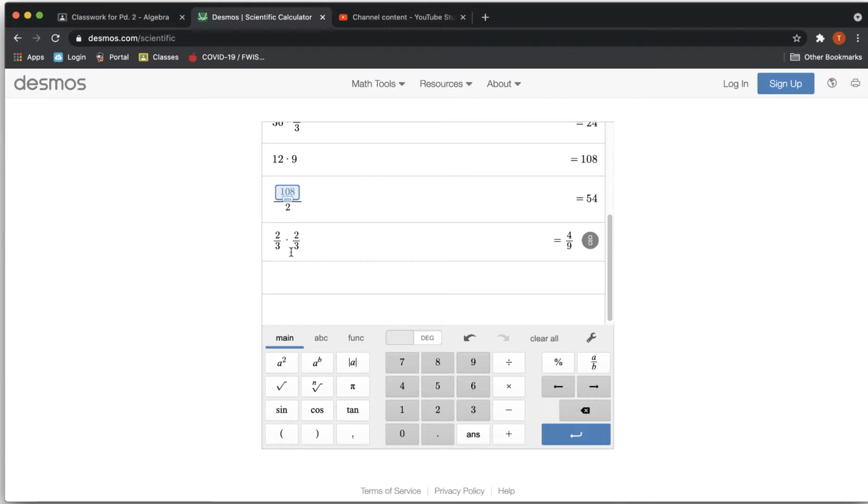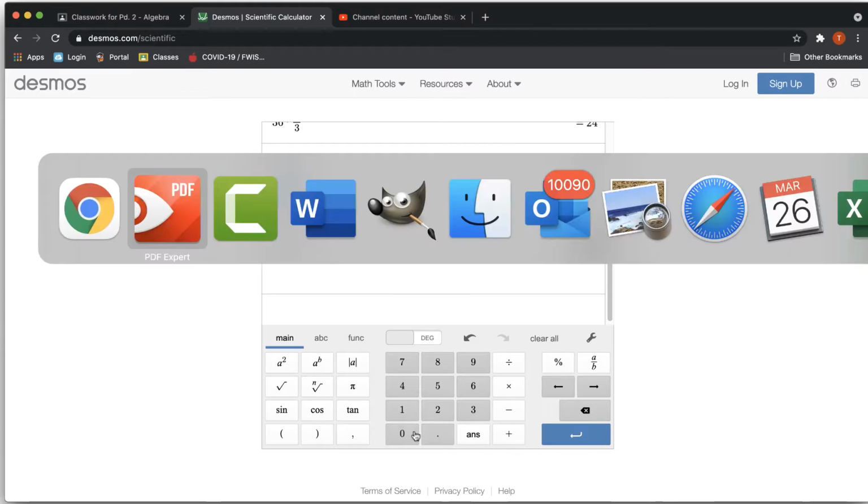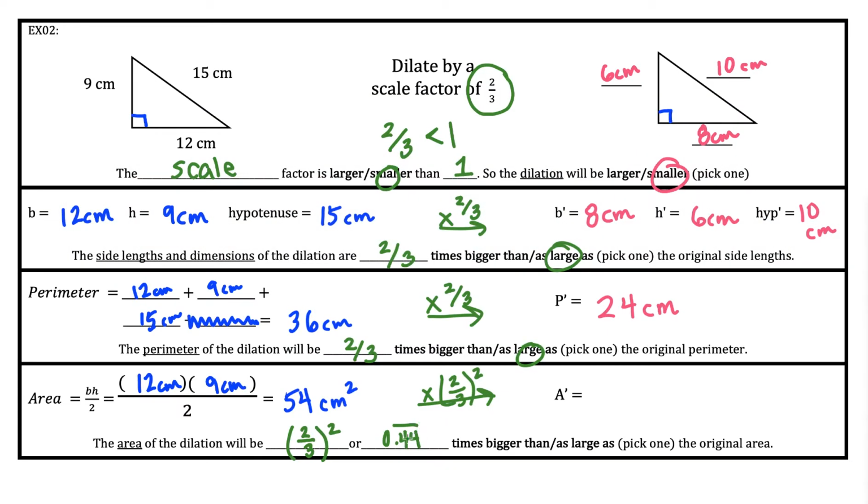2 times 2 is 4, 3 times 3 is 9. Instead of putting 2/3 to the second power, we're going to put 4 ninths, which is 0.44444 repeating, times as large.